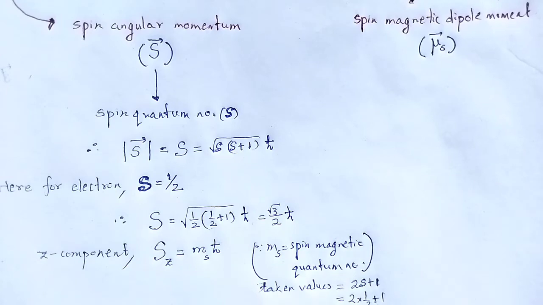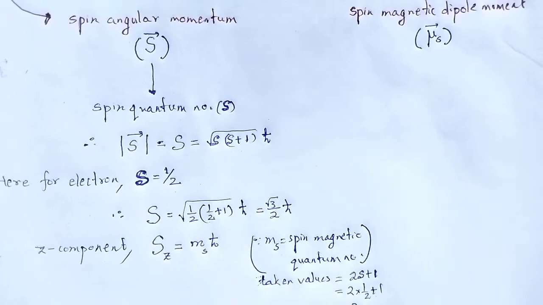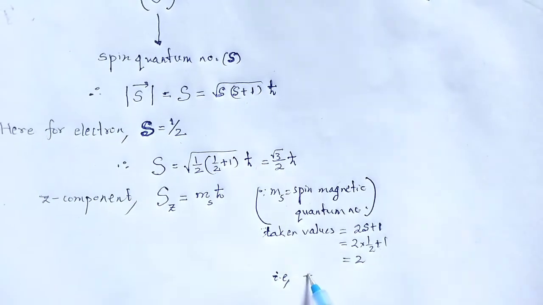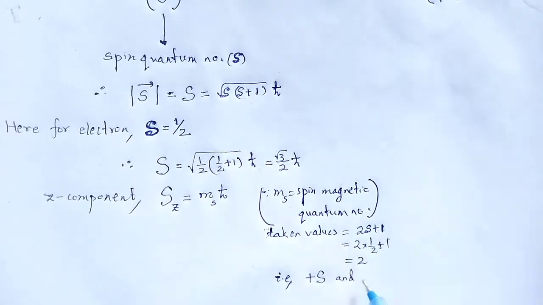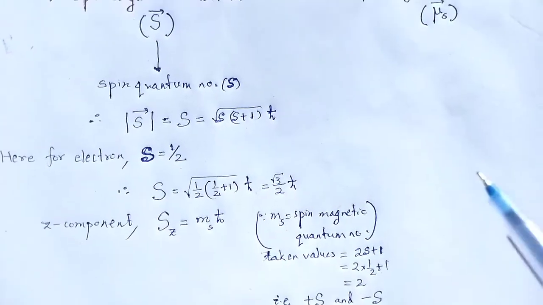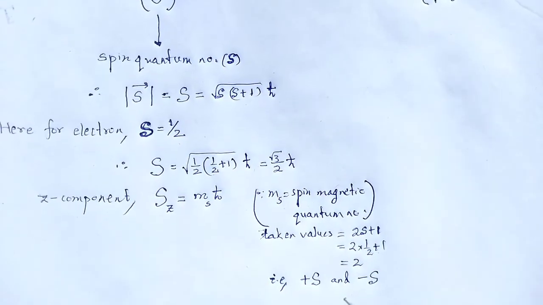2 values, one is plus s and the other is minus s, plus spin angular momentum and minus spin angular momentum.